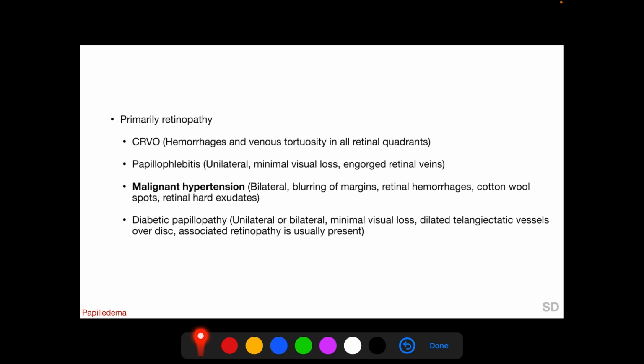ONH edema may arise also from entities which are primarily retinopathies, such as CRVO, papillophlebitis, malignant hypertension, and diabetic papillopathy. We must never forget malignant hypertension, which may be fatal.